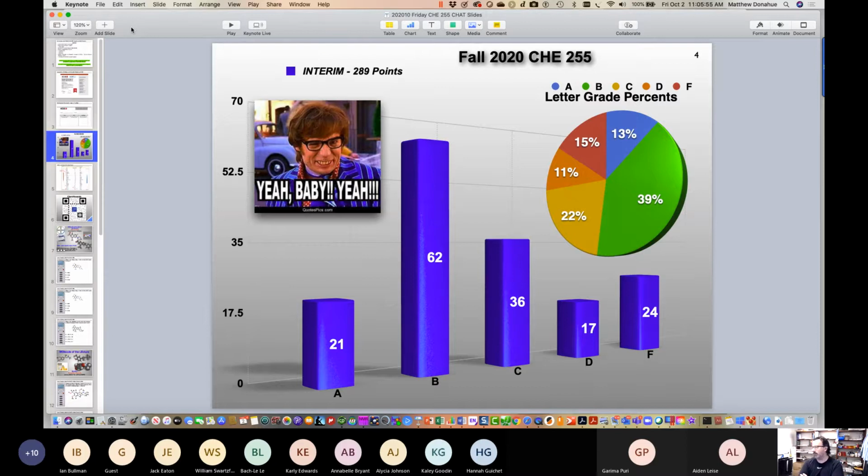Hannah asks about exam averages. I know that's a common thing students like to know. I really don't like sharing that information publicly because I don't think it's relevant to you as a student in your learning experience. I know you've been conditioned over the course of your educational experiences to compare to the average.